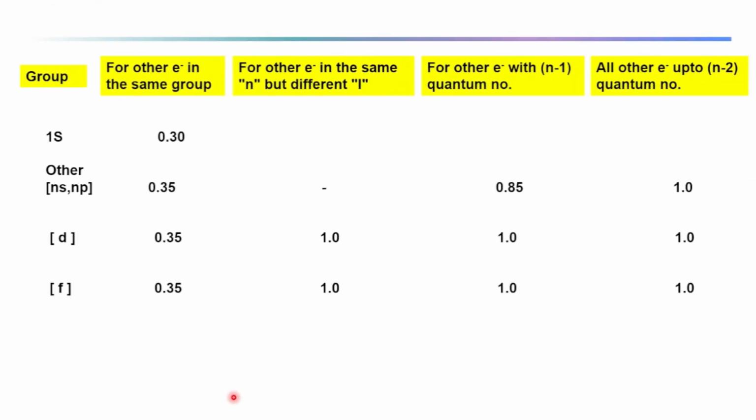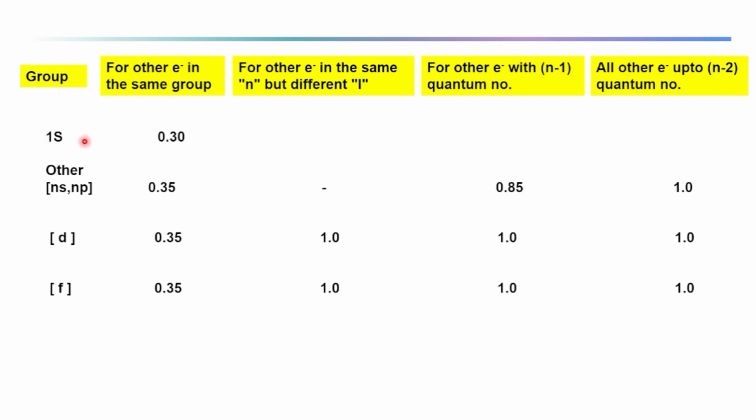So first, this is the summary, or this is the chart. Here are different groups, and here you can see what the shielding constant value will be for the other electrons in the same group, from other electrons in the same principal quantum number but different azimuthal quantum number, from other electrons with n-1 quantum number, and from all other electrons up to n-2 quantum number.